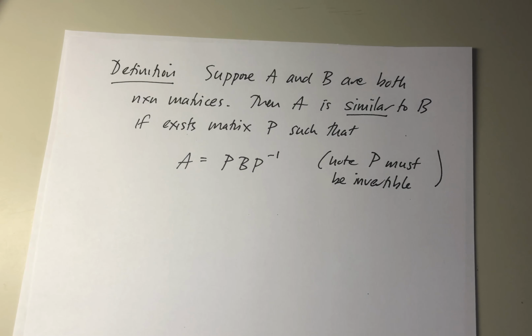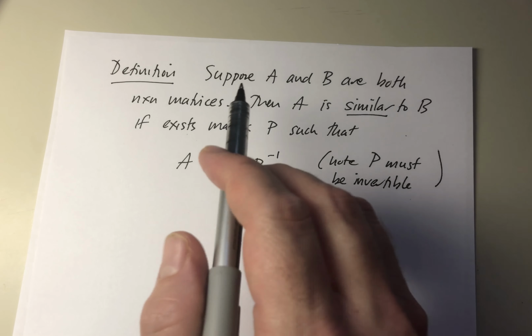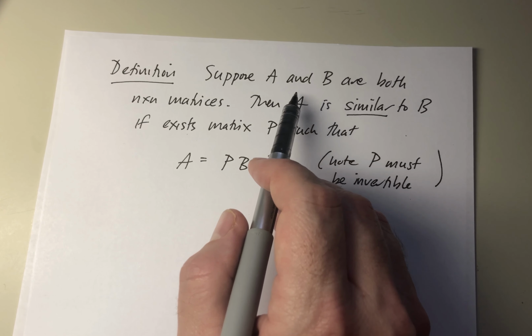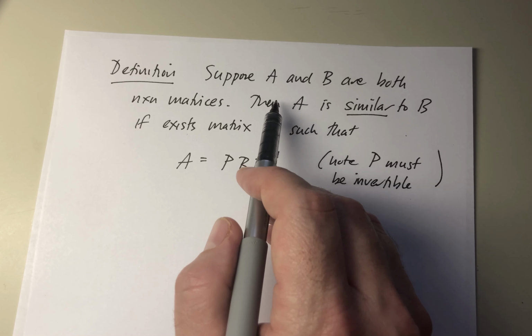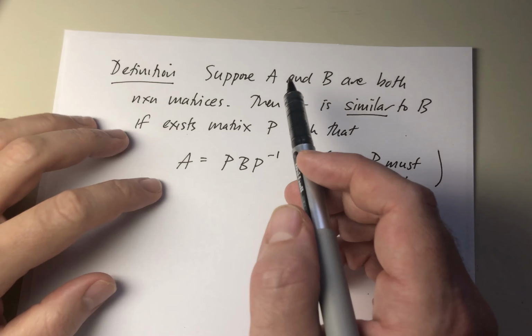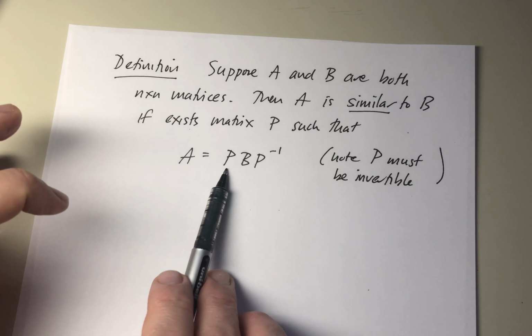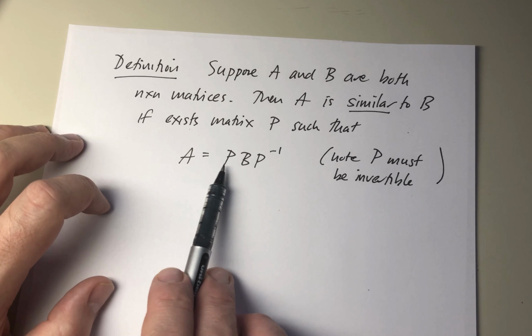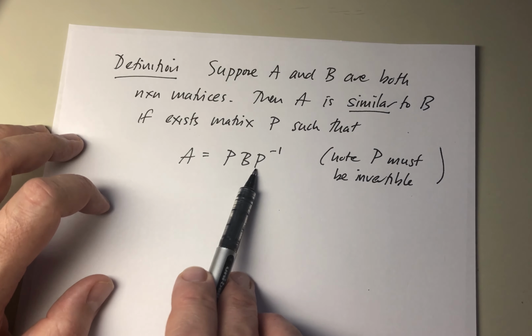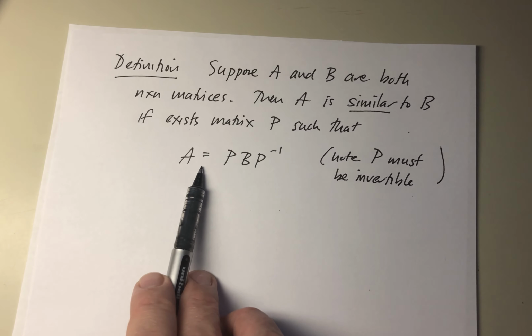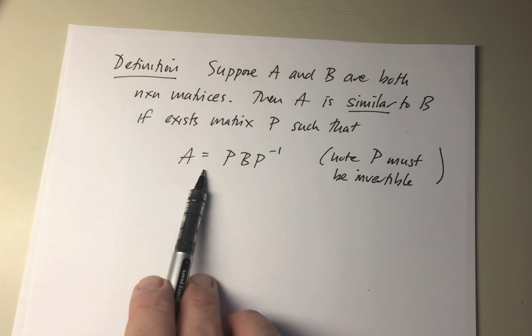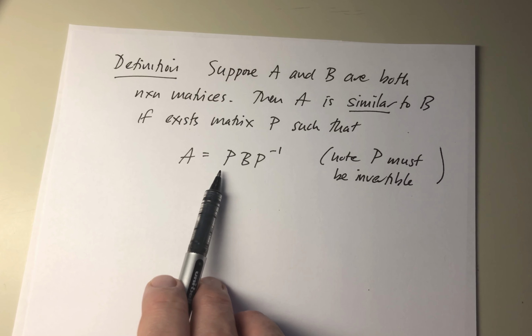It's a weird definition. You probably haven't seen anything like this before, but what we're saying is that A and B are matrices that are almost alike. The idea is that I can find another matrix P such that I twist B by multiplying on the left by P and on the right by P inverse, and I get the matrix A. Be careful that this is not commutative.